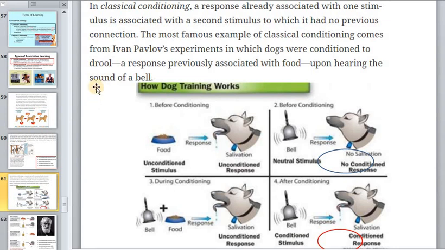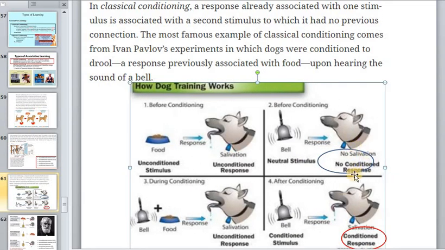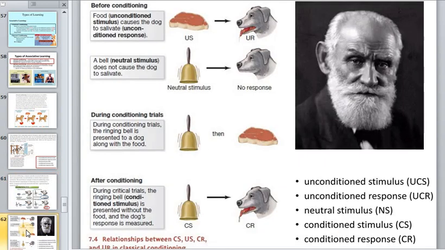A response previously associated with food appears upon hearing the bell, and even if we don't give the food, the salivation is, of course, a conditioned response. Here we see the unconditioned response, and it can become conditioned.